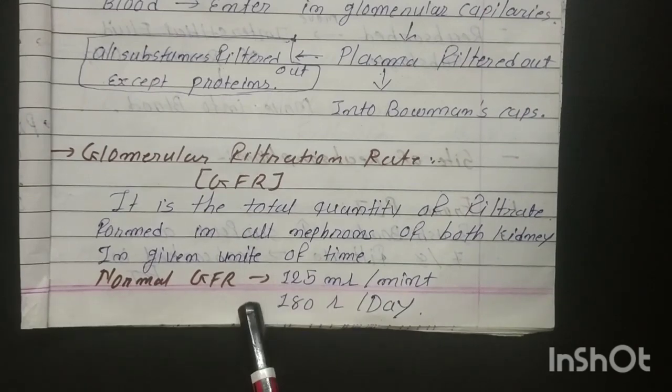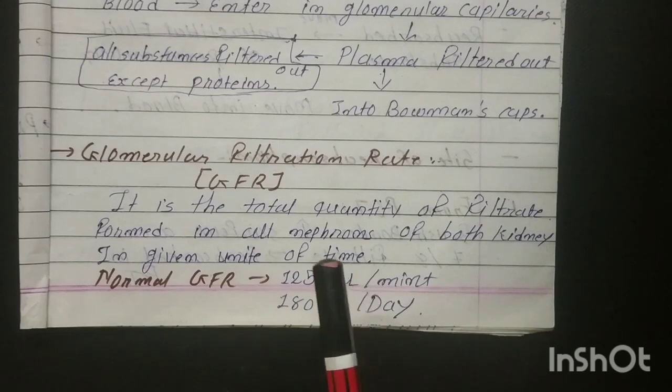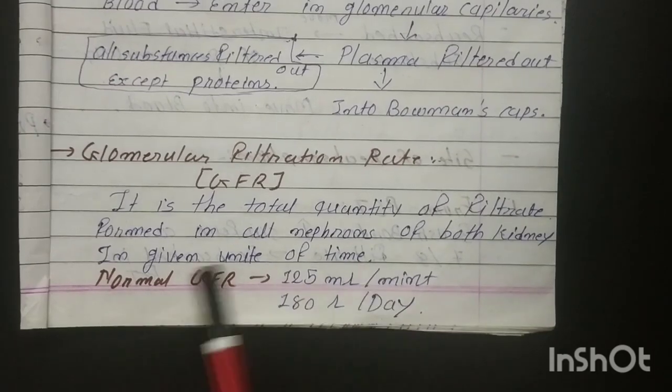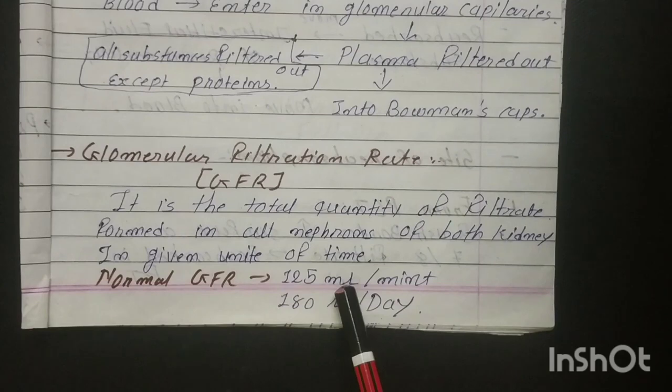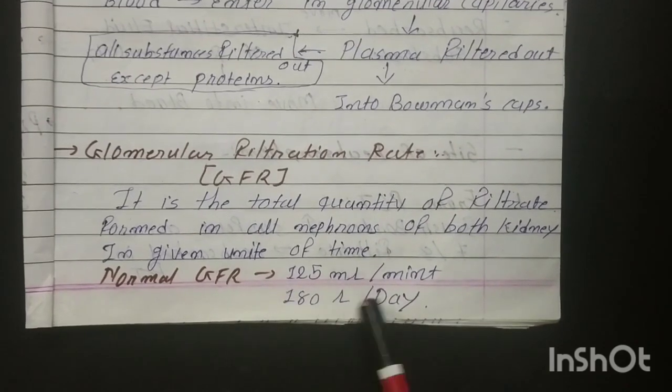The normal GFR is very important, as it is asked in examinations like MCQs, and also in the Viva. In a minute it is 125 ml per minute, and for the day 180 liter per day.